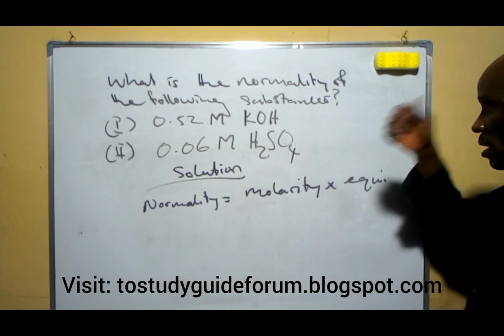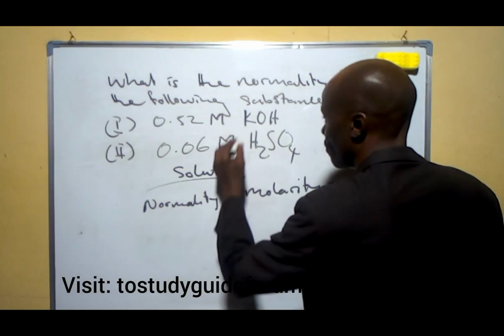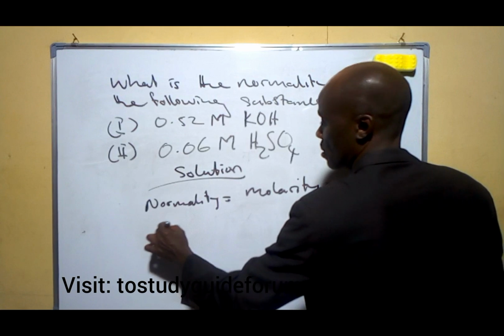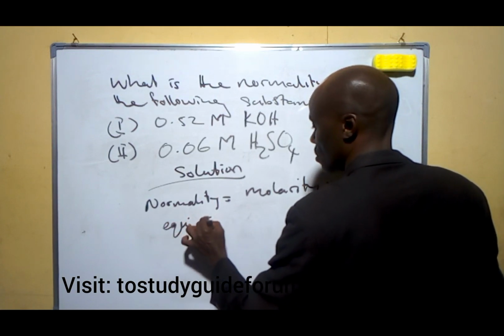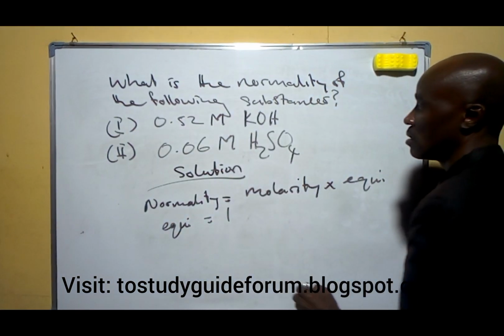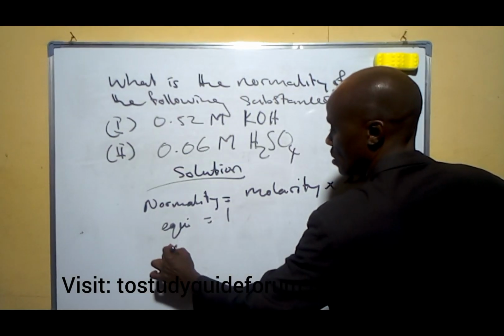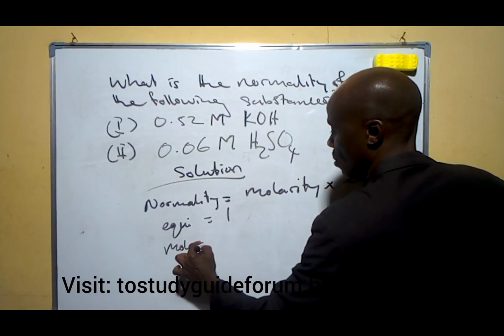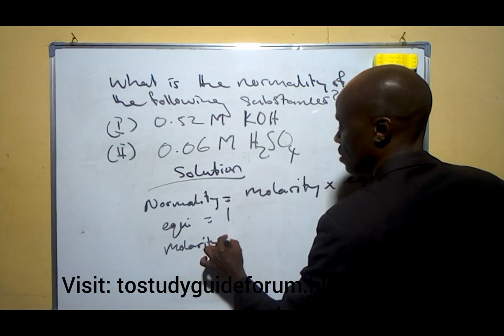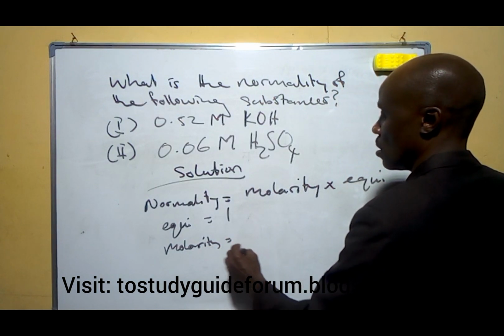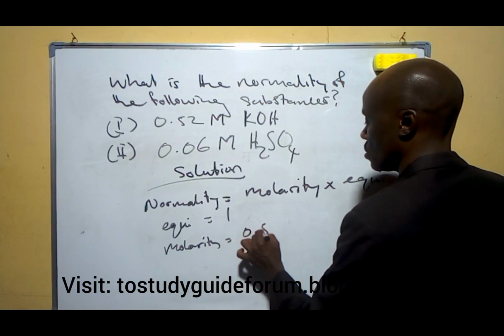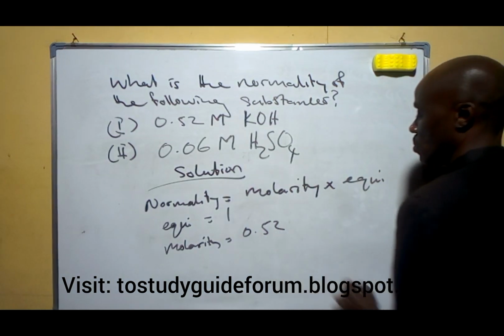The equivalent here, based on the chart, for the potassium is 1. And the molarity, or molar concentration, is 0.52.